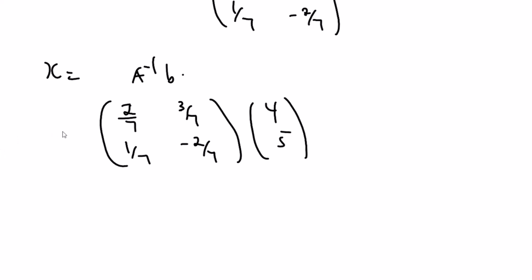So when I take this row, I have 2 on 7 times 4, so that will give you what? 8 on 7 plus 3 on 7 times 5, then that will give you what? 15 on what? 7.